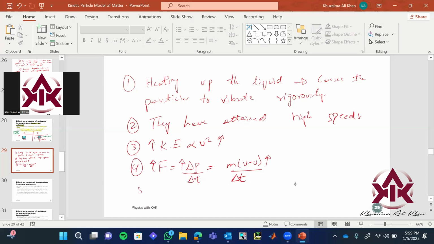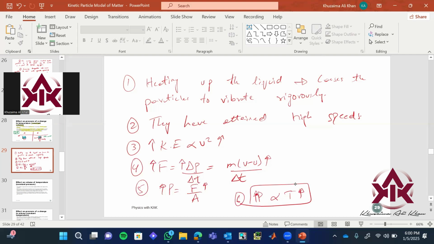So the force applied by the particles during the collisions with each other and with the walls of the container increases. And since we know that pressure is force upon area, if your force has increased, so does your pressure increase. Therefore, we can say that pressure is directly proportional to temperature. So if I increase the temperature, my pressure will increase as well.